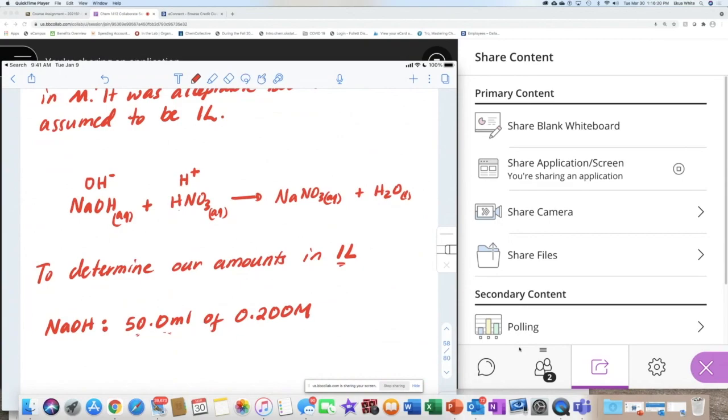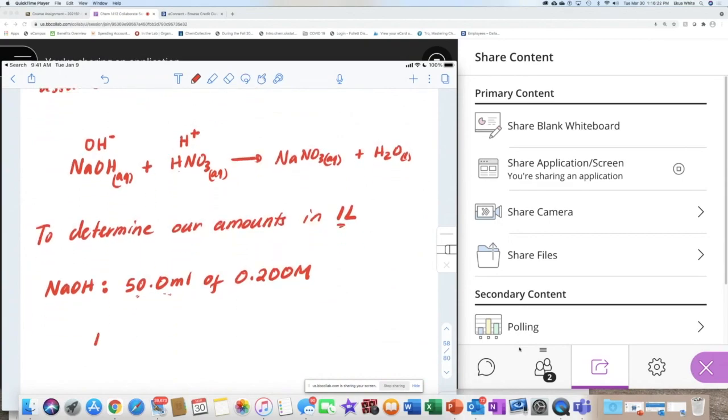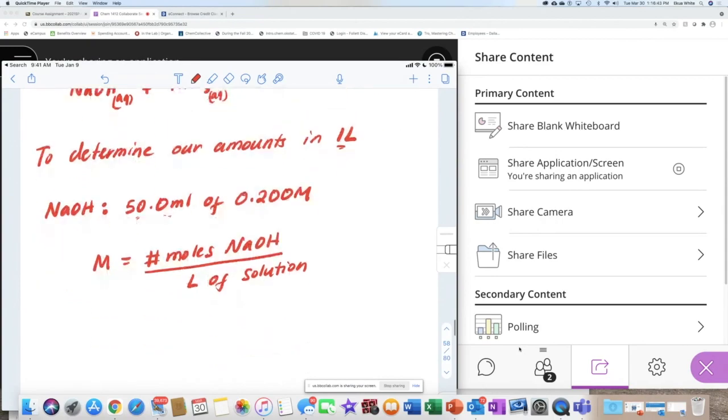We can go ahead and use the molarity formula. Molarity equals number of moles of sodium hydroxide over liters of solution. Right now, we're dealing with sodium hydroxide before we mix it with nitric acid. I don't have the liters of solution yet.